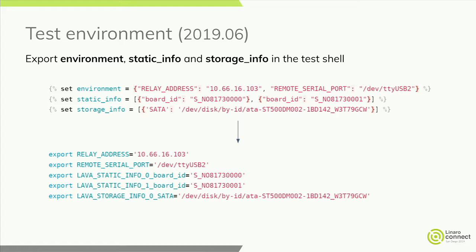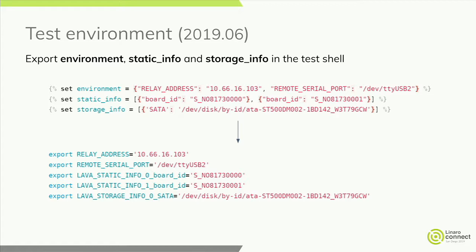So when you write a test in the test block, you will have all this exported as variables that you can use. This is an array of dictionaries. So static info will be static info 0, the first element of the array, and then we export every key in the dictionary. So it's a long string, but it's unique, and you can easily guess what it will be.